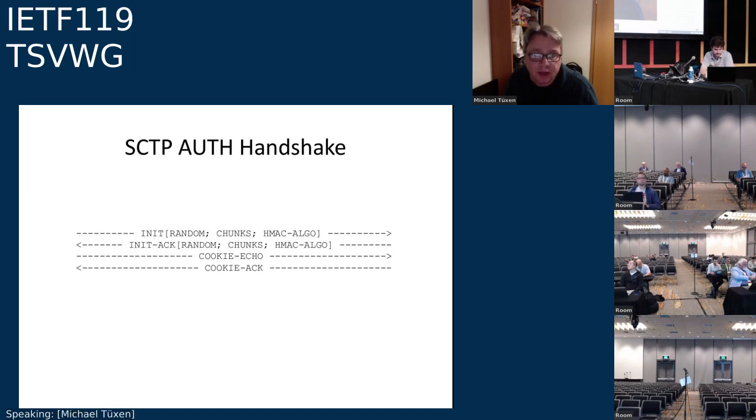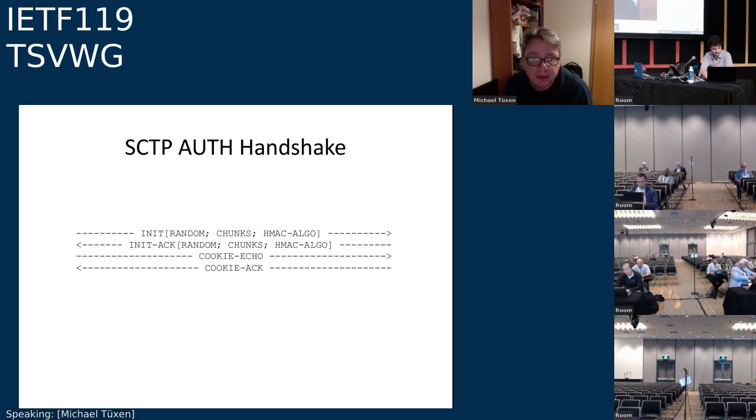This is the initial handshake, just to refresh that. If you want to do SCTP authentication, you add a random parameter to the INIT and INIT ACK, which can contain an arbitrary long random number, and it's required for the algorithms used here to be a 32-byte random number.